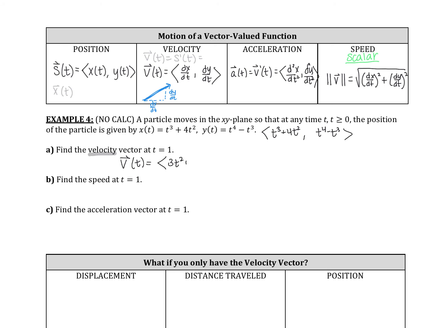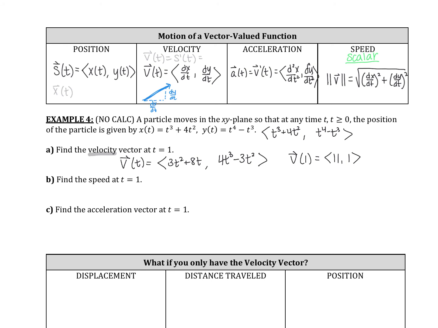So we'd get 3t squared plus 8t, comma, 4t cubed minus 3t squared. So this would be the velocity vector. Now it asks for the velocity at 1, so I'm just going to substitute in 1 for t. Doing that, I get 11, 1.